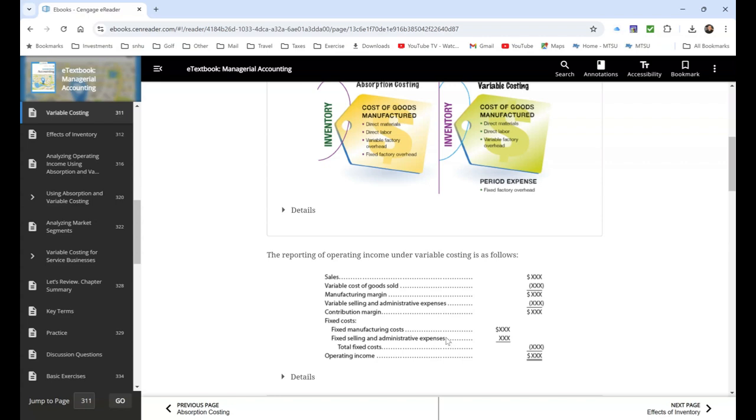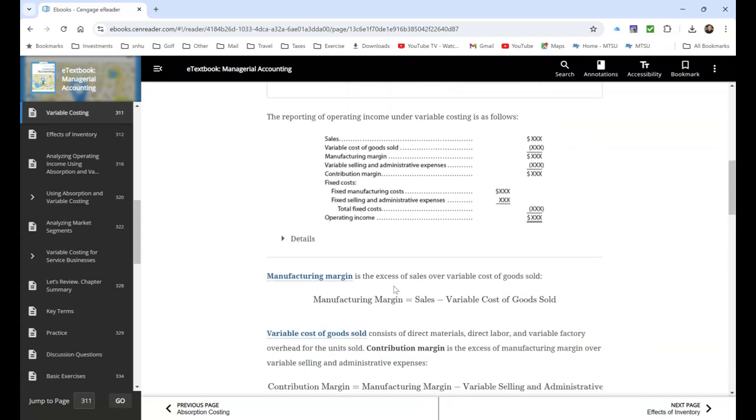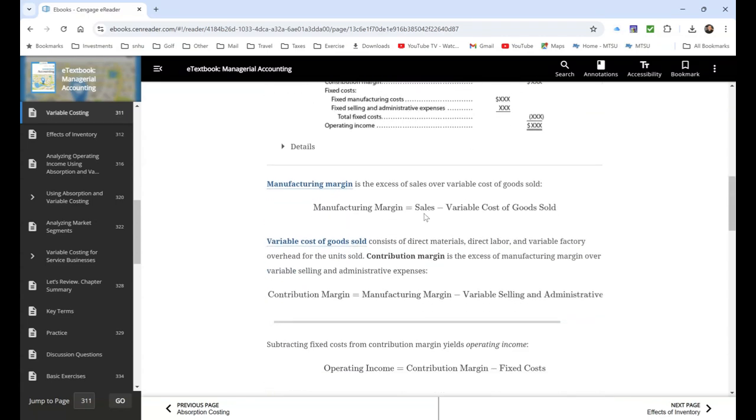Again, these are expenses that we would have no matter if we produced 1 unit or 10,000 units. So again, manufacturing margin is sales minus variable cost of goods sold. Contribution margin is manufacturing margin minus variable selling and administrative cost.